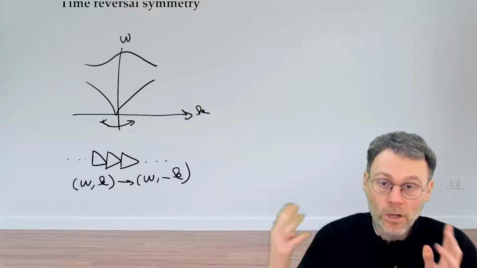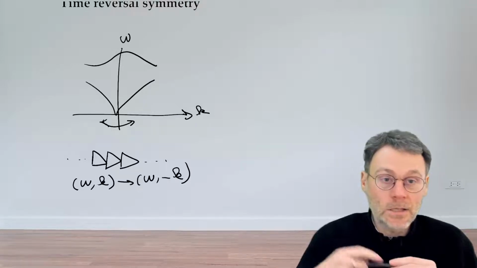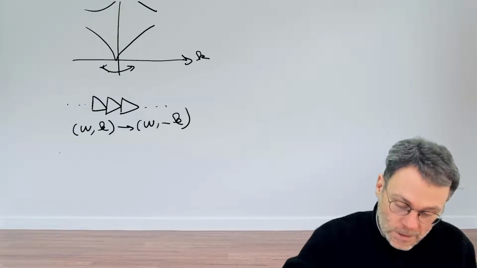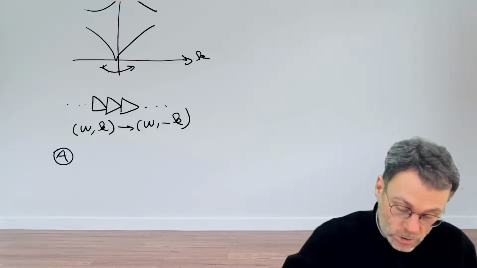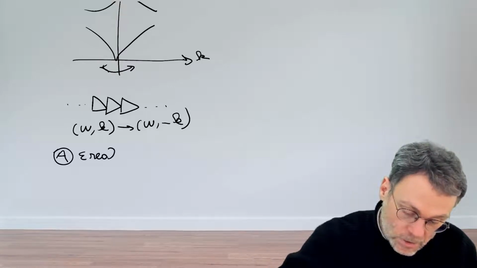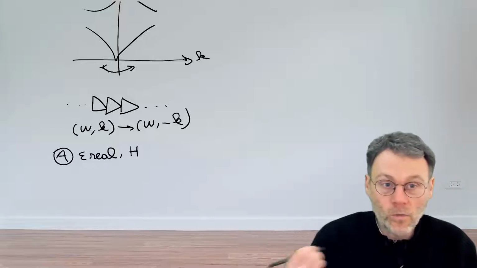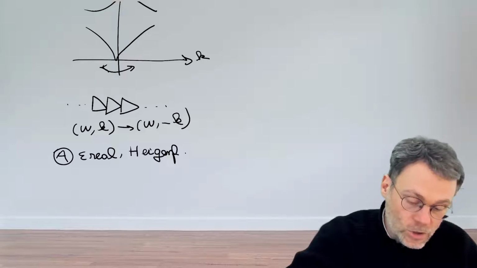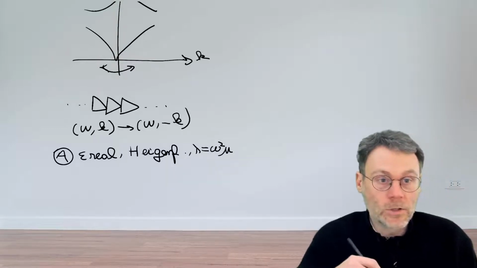Now, to make sure we understand why that's plausible, let's take this step by step. For our first step, let's have a look at the following situation where we're dealing with lossless structures. So epsilon is real. And we're starting from a field H which is an eigenfunction of our operator, with eigenvalue omega squared mu.